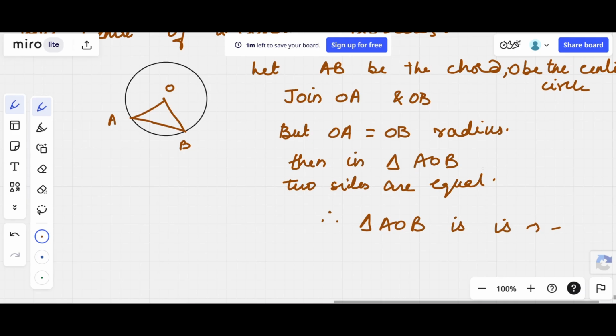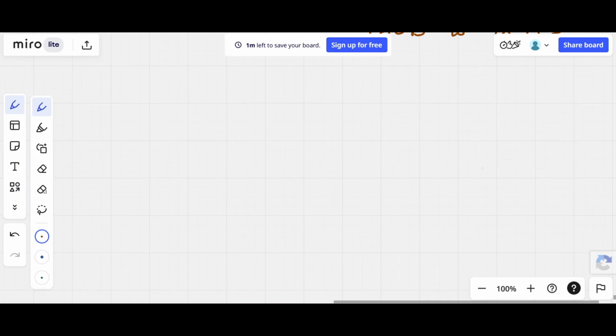Okay, I have to teach another theorem before I move forward. Otherwise, you won't understand. See, kids, this is theorem number 4. Word by word, very important.